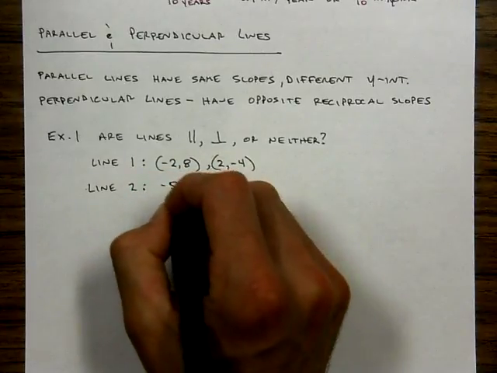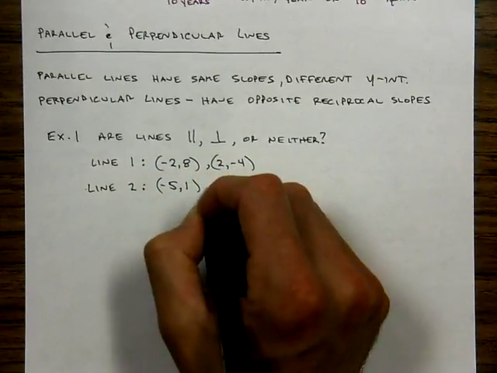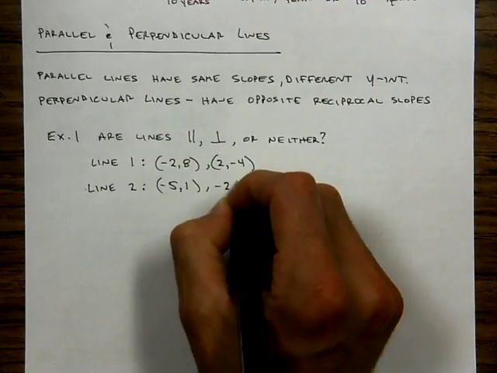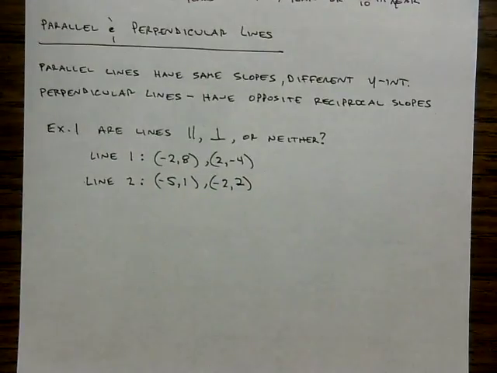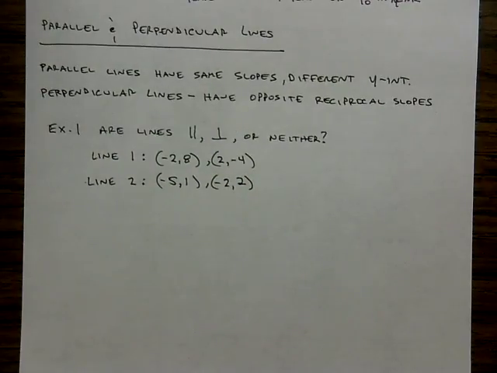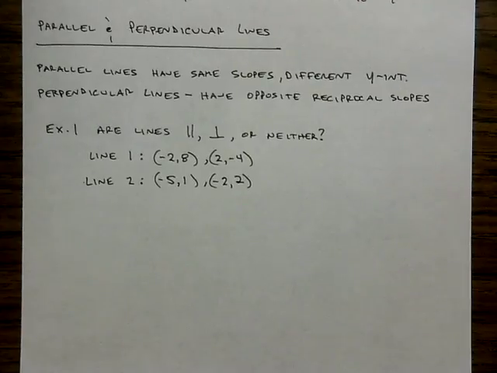And the second line passes through the points (-5, 1) and (-2, 2). All right, so go ahead and pause the video. I would suggest you find the slope of each one of those and then try to figure out what type of lines you have here. Are they parallel, perpendicular, or neither? Pause the video, and when you come back, I'll work through it.